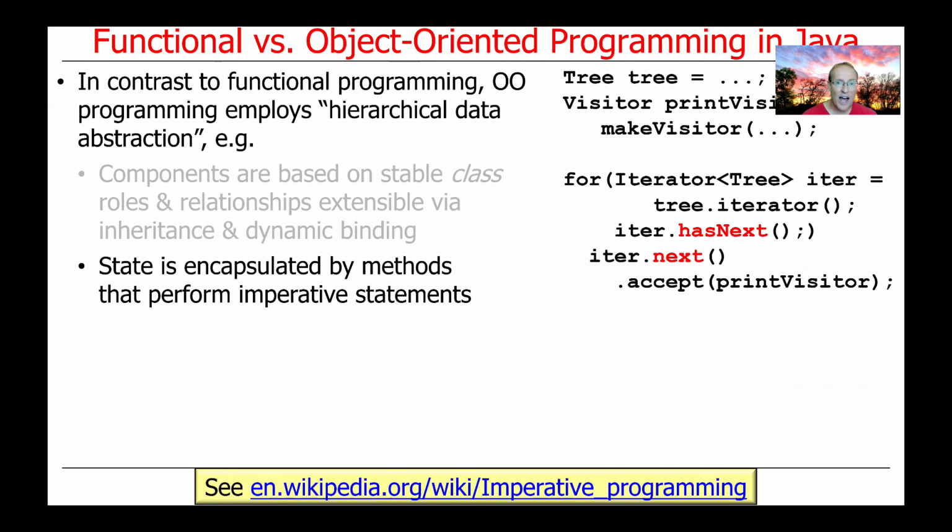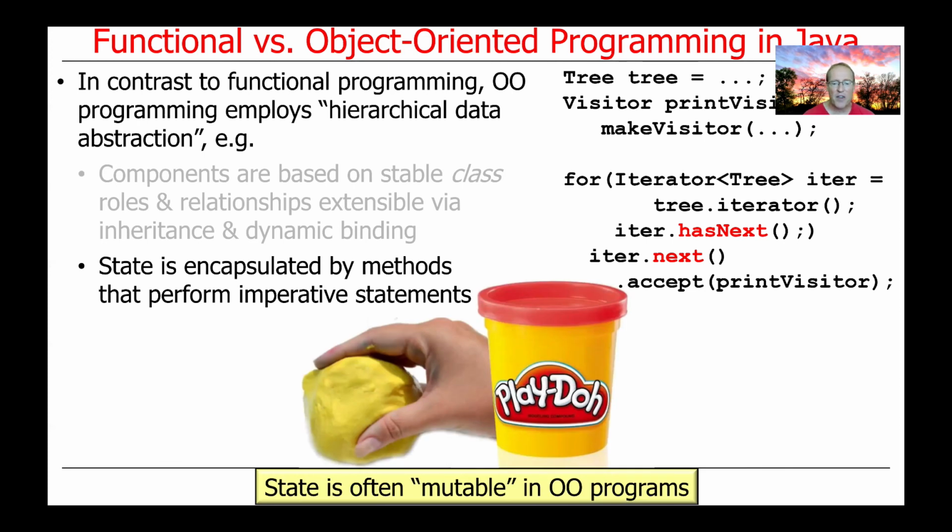To the extent that you have state, and you typically do have state in object-oriented programs, it's encapsulated by methods that perform imperative statements. So for example, if you look at the iterator abstraction that's part of Java and has been since day one of Java, then it's got a couple of methods like hasNext and so on. And these methods encapsulate the state.